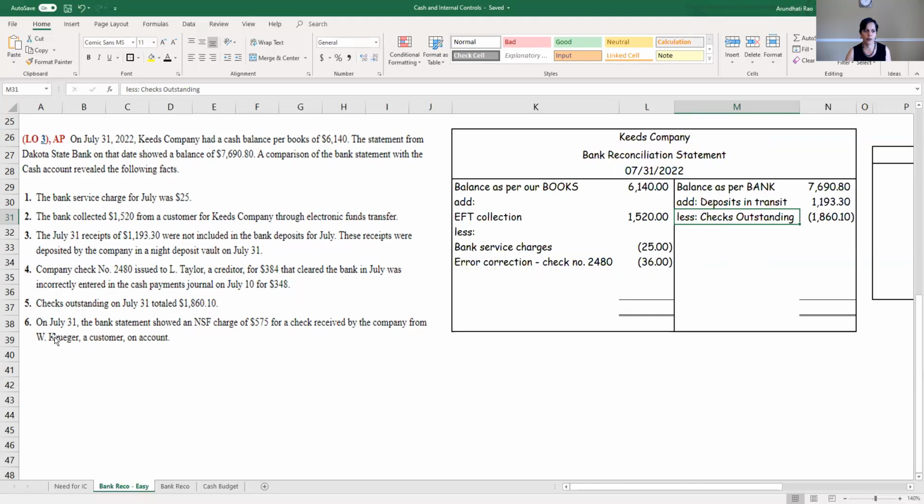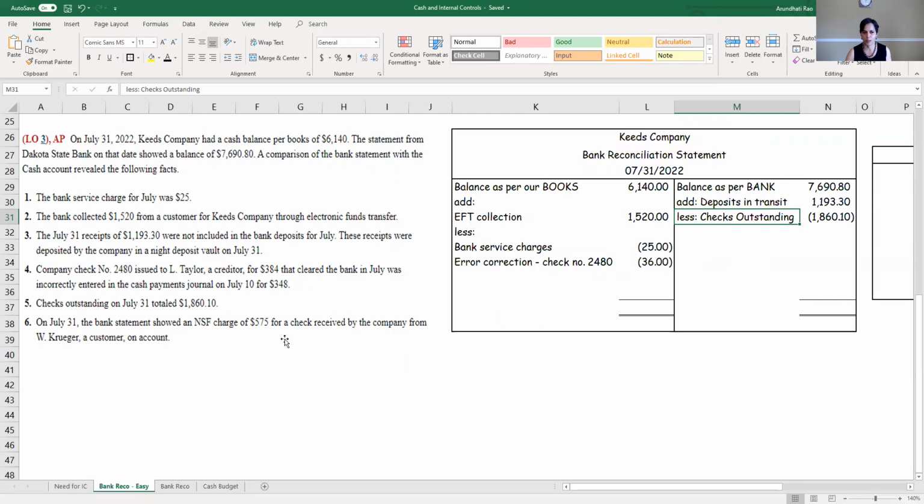And finally, we are told on July 31st, the bank statement showed an NSF charge of $575 for a check received by the company, that's us, from W. Kruger, a customer on account. NSF stands for non-sufficient funds. That's a nice way of saying that this customer gave me a bad check.